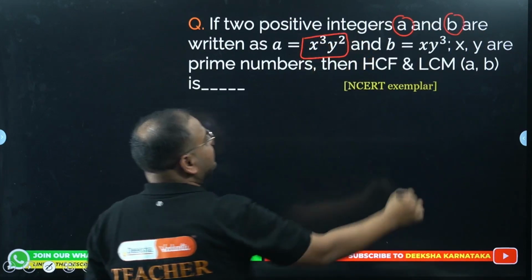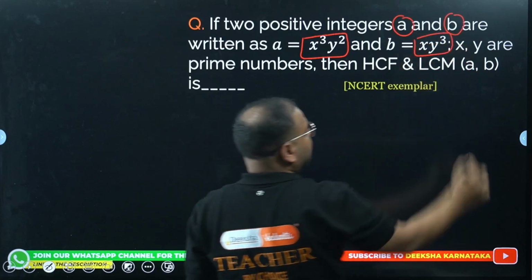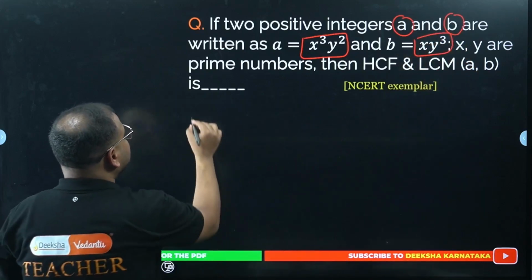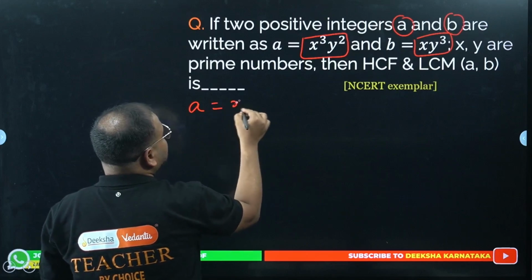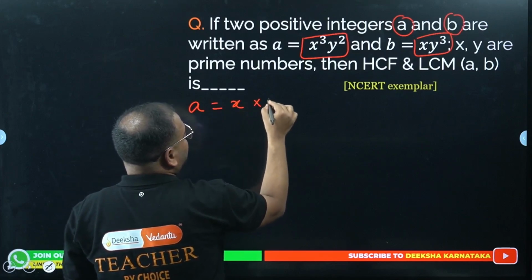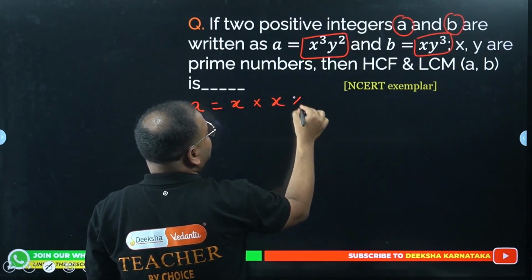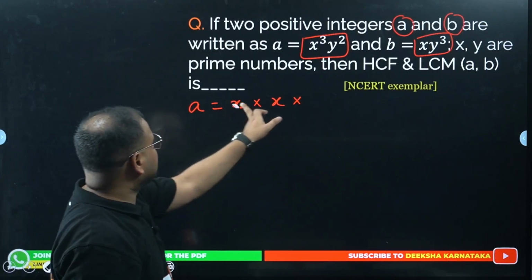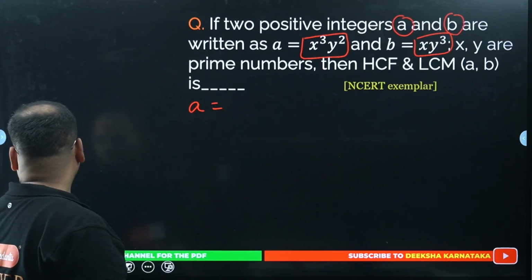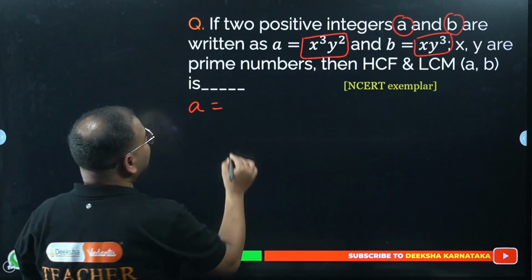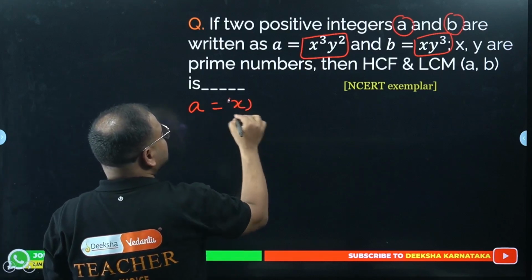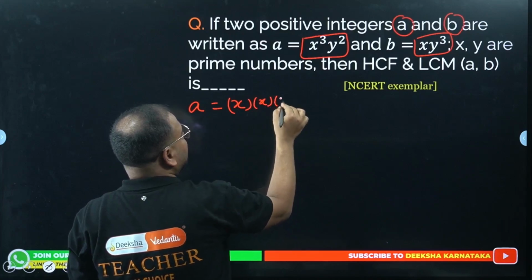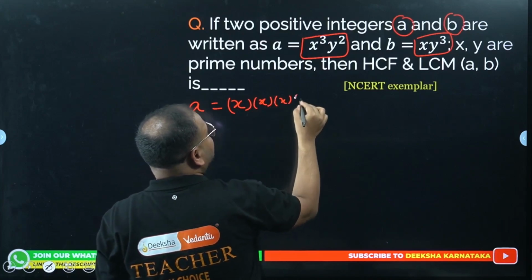So I can write this A as x times x, and B as y times y. Let me write in brackets, so it will be easier for you.